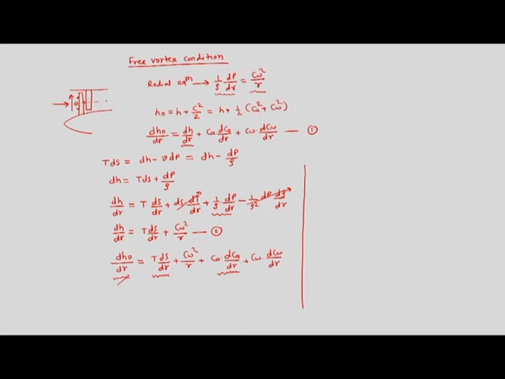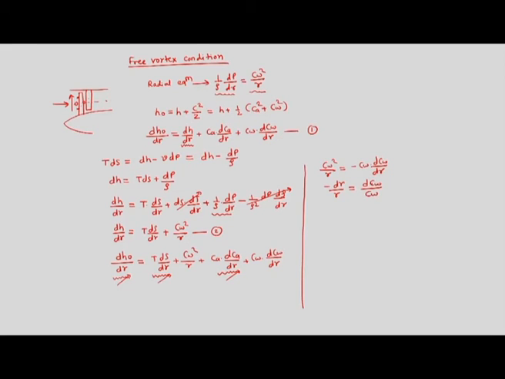So considering these terms to be negligible with respect to the other two terms, we get Cw square upon r is equal to minus Cw into dCw by dr. This says that minus dr by r is equal to dCw by Cw.